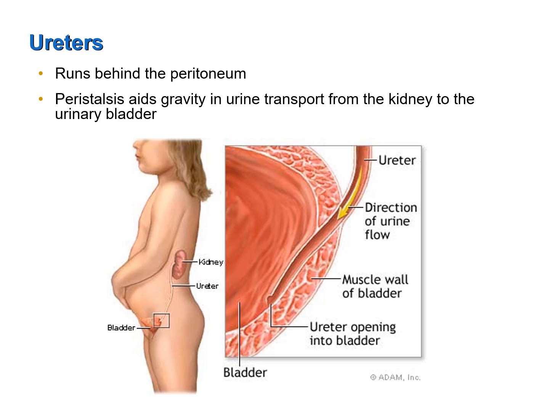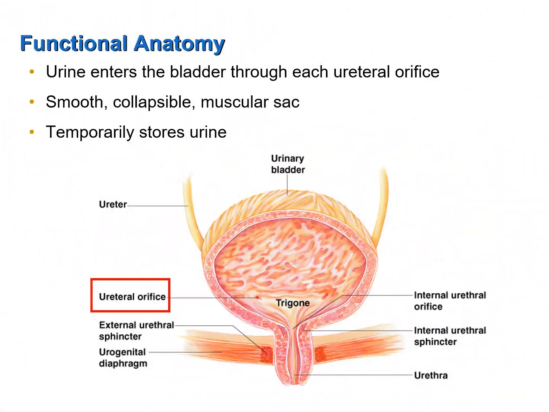Peristalsis, with the aid of gravity, transports urine down the ureter, where it enters the bladder through ureteral orifices.